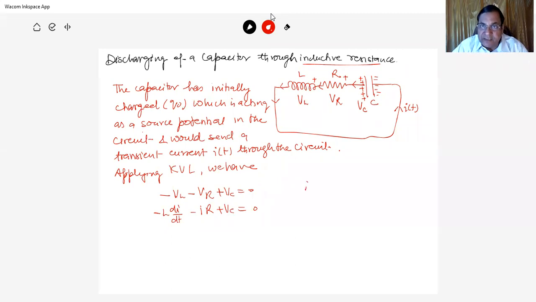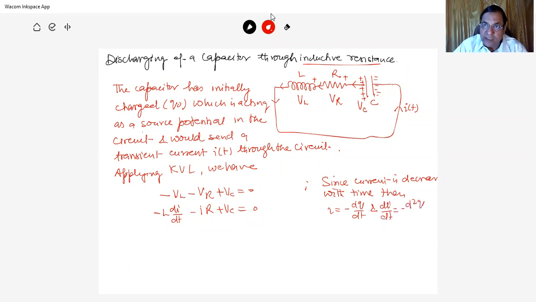Since the current is decreasing with time, I is minus dq by dt and di by dt is equal to minus d2q by dt square.